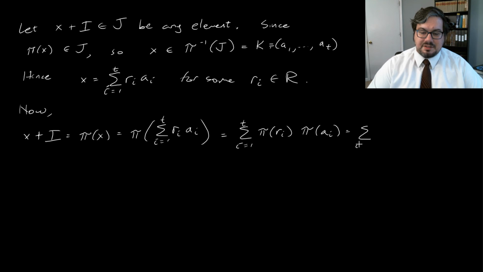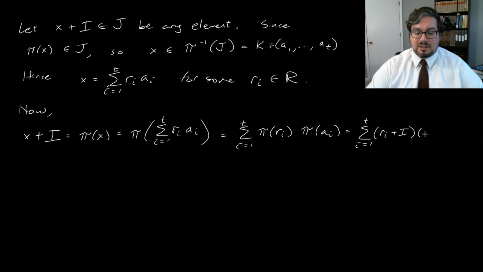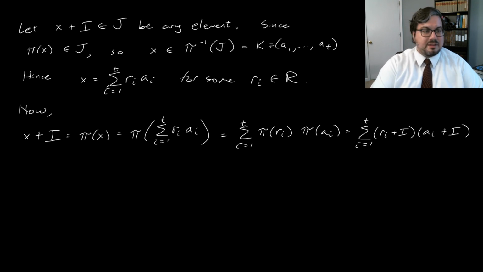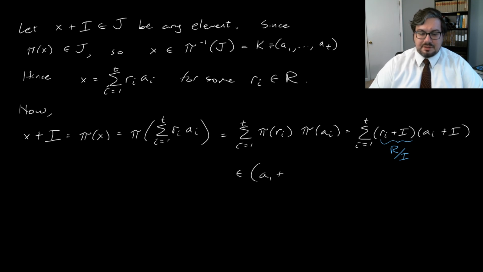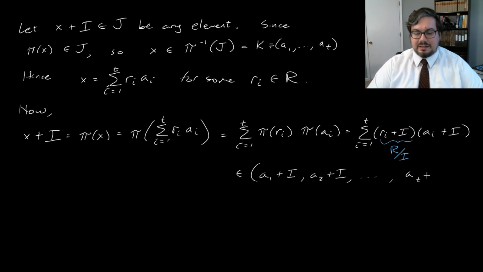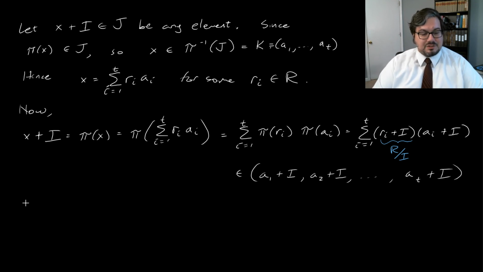And in particular, this means that X plus I, the element we started with, can be written as the sum of the products Ri plus I times Ai plus I. Now each of these Ri plus I's is some element of R mod I, and these Ai plus I's are precisely the things that we claimed were generators of J. In particular, this sum belongs to the ideal generated by A1 plus I, A2 plus I, up through AT plus I. And so, any element of J has to be in the ideal generated by these Ai plus I's.